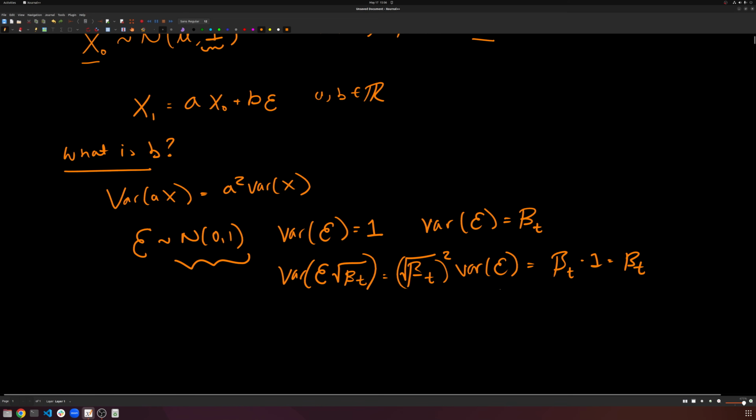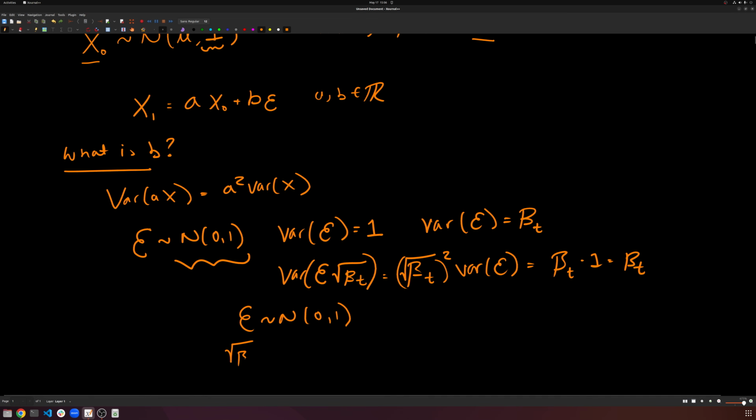Therefore, all we need to do is take epsilon, which is normal 0, 1, and multiply by our scaling factor, square root of beta t, and that will give us the actual epsilon we're interested in, right? So if epsilon is normal 0, 1, then square root beta t times epsilon will be normal 0, beta t, which is exactly what we want.